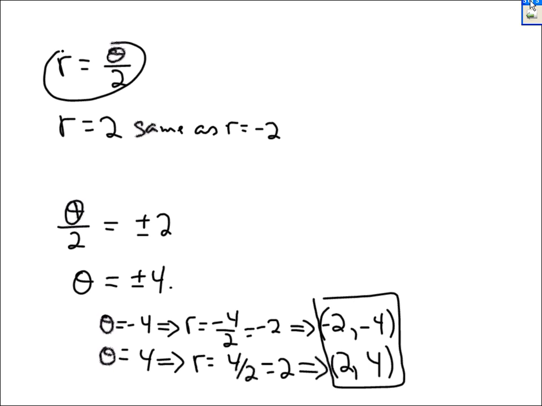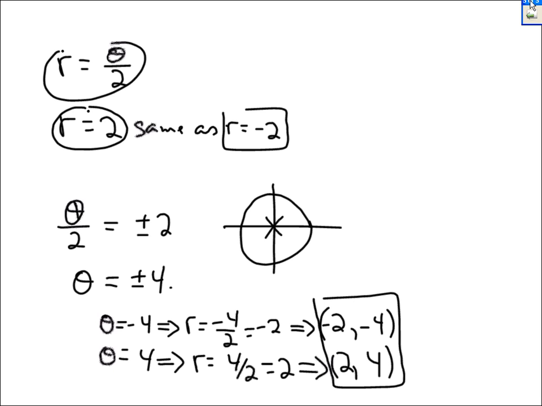Now, can we ever have r equaling 0 for both of them? The answer is no. If r is 2, it's not 0. If r is negative 2, it's not 0. The second one, the circle, let's face it, it doesn't cross the center. Of course, in the top one, if theta is 0, you get 0 over 2, which equals 0.